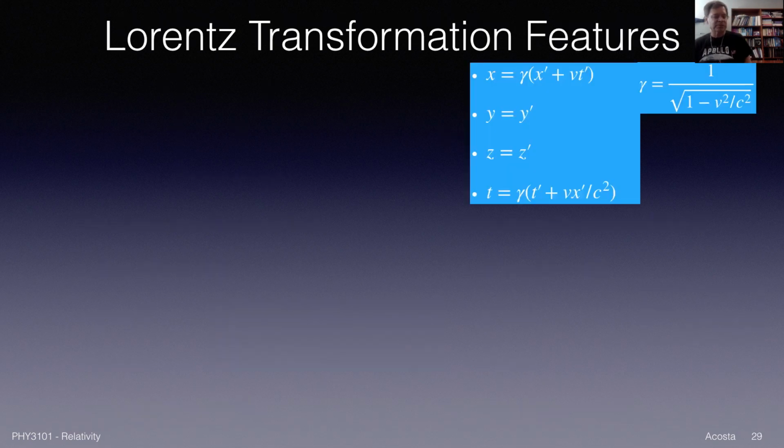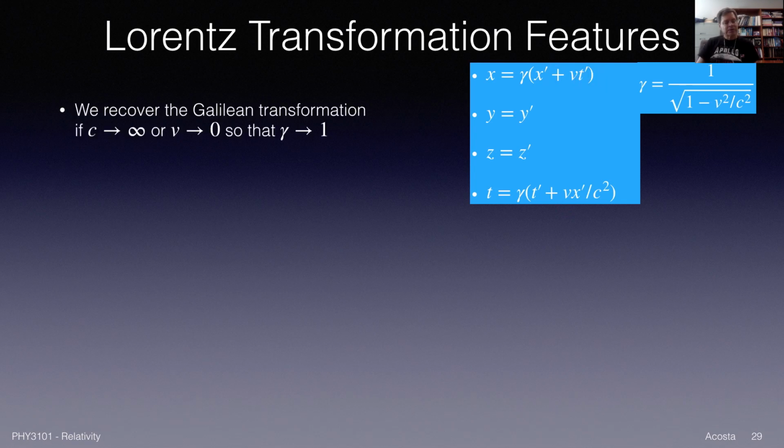Let me mention some features here of the Lorentz transformation now. I summarize the equations here on the right. X is gamma, x prime plus v t prime, and so forth. First of all, we will recover the Galilean transformation if we let either the speed of light go to infinity or the velocity of one frame relative to the other go to 0.